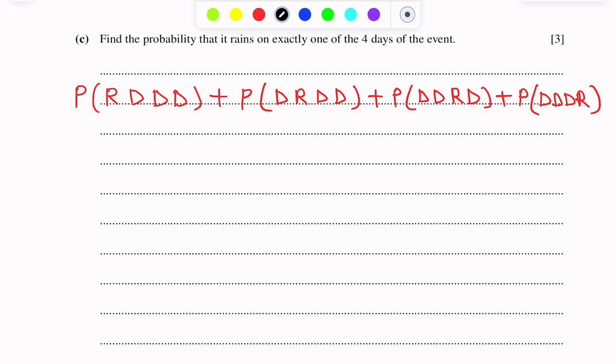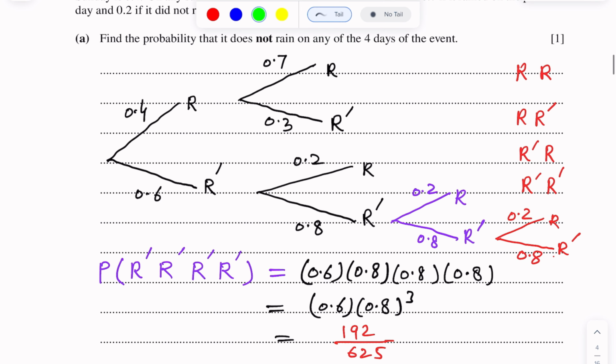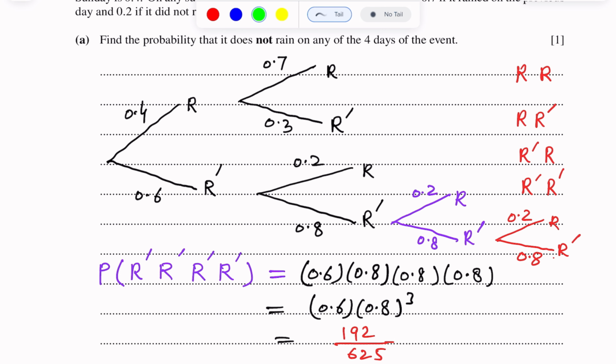First we write here the probability of R D D D. This will be first day raining. You will take help from the tree diagram, but be careful: in this tree diagram we represented dry by R dash.